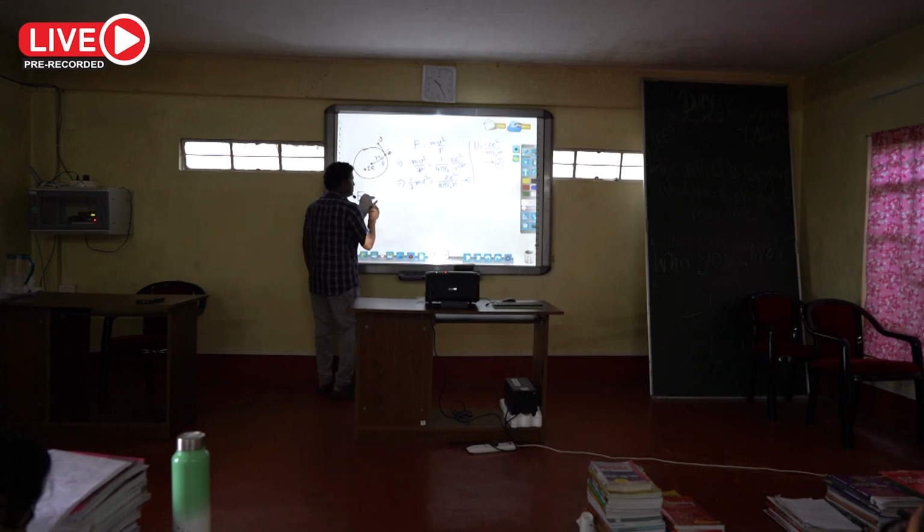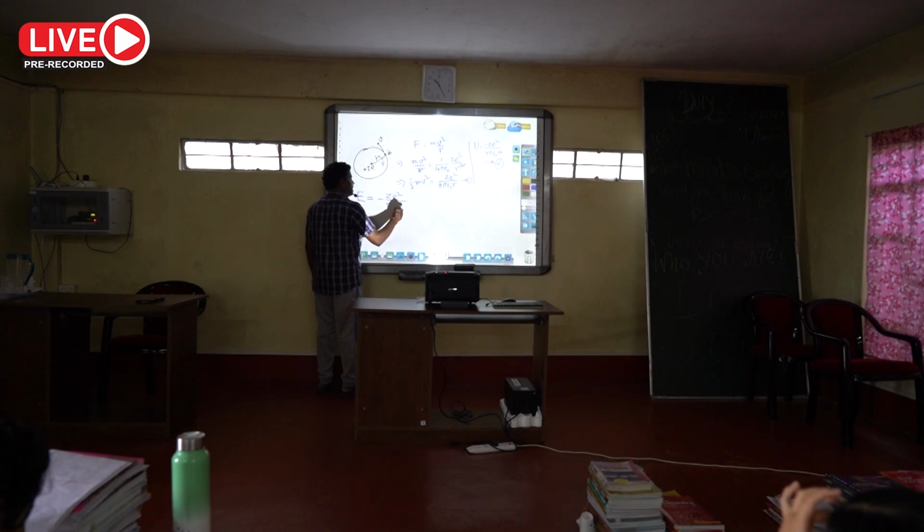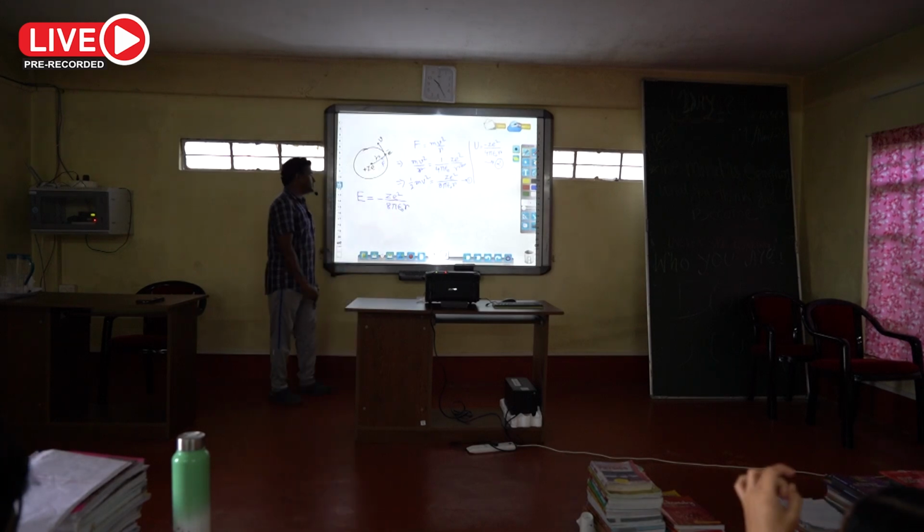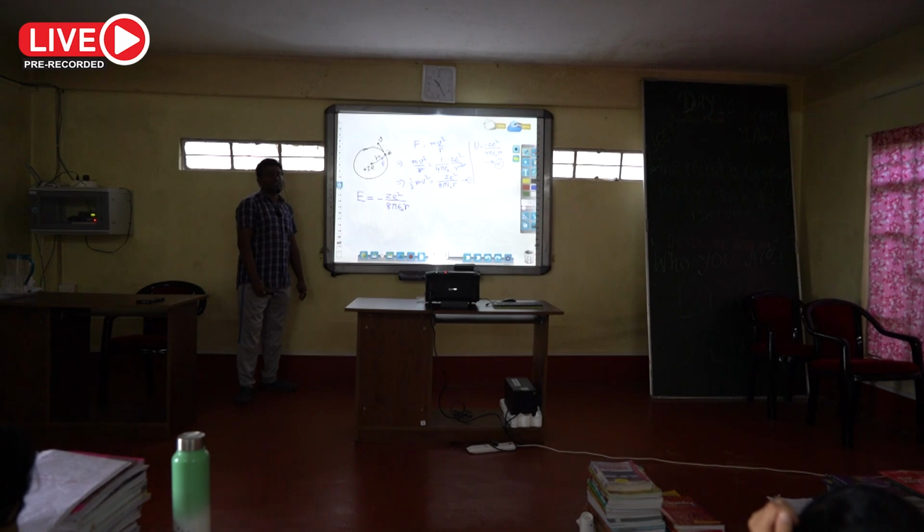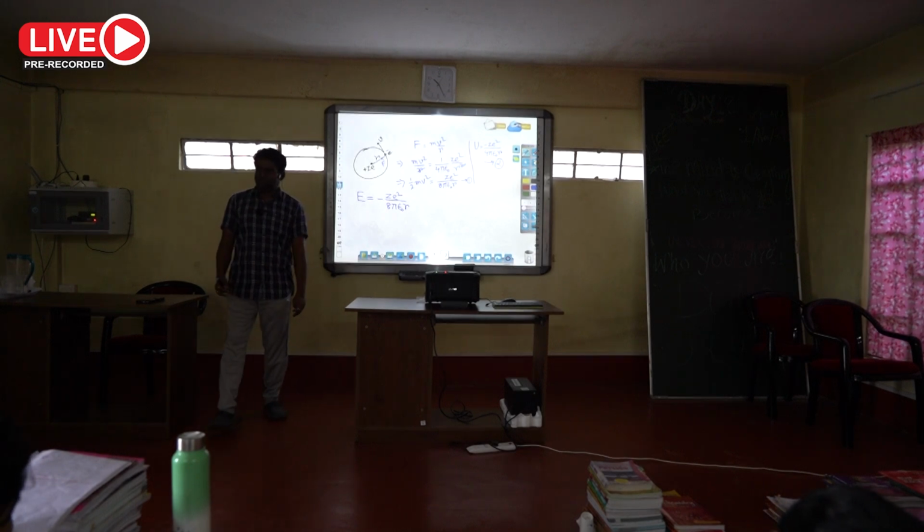If you do this calculation, you will get minus Ze square by 8 pi epsilon naught r. This is the total mechanical energy of the electron.